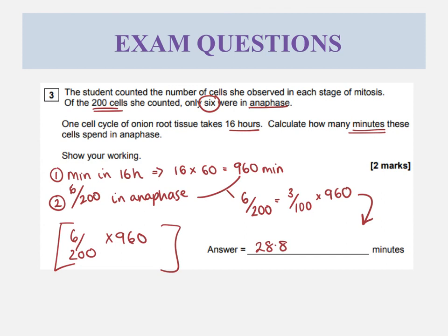So that's 1 mark, but you get 2 marks for 28.8, or you can have 2 marks for saying 29 minutes. It didn't specify how many decimal places to have. So this is what the calculator gives, 28.8, but if you've rounded it to 29 as well, that is also fine.